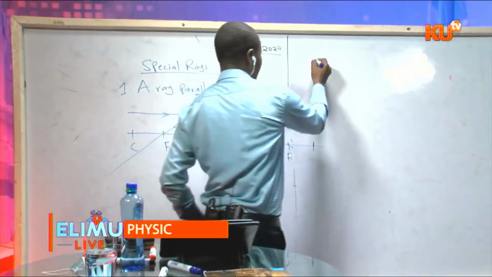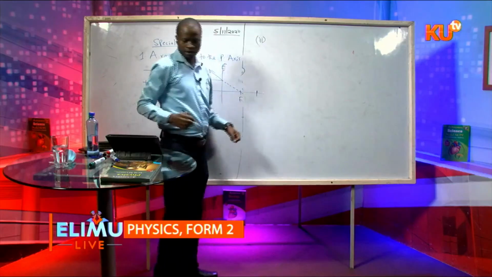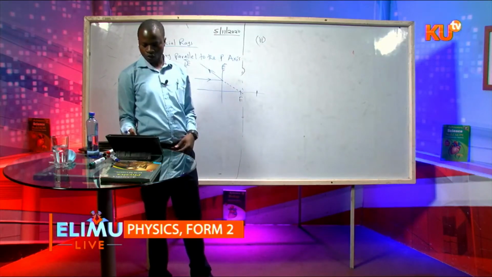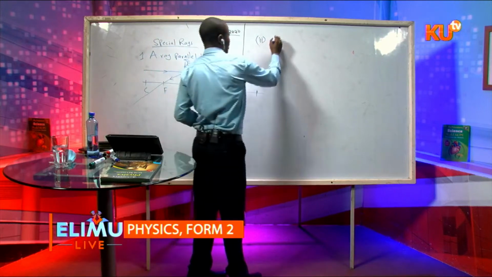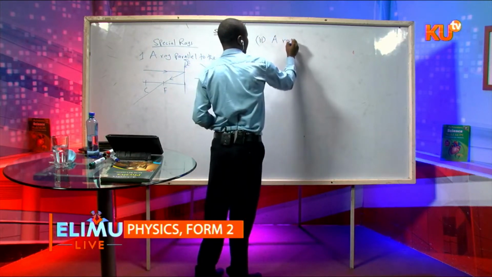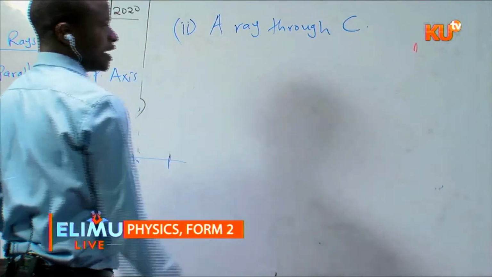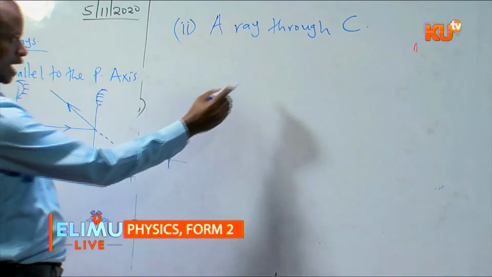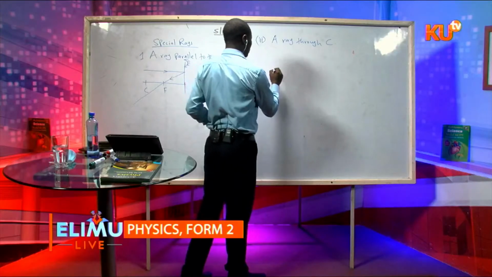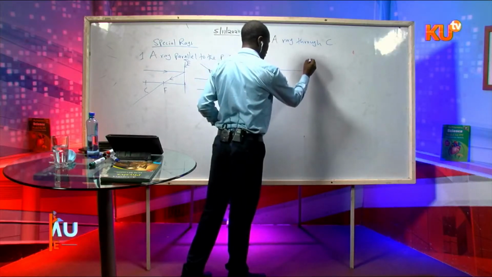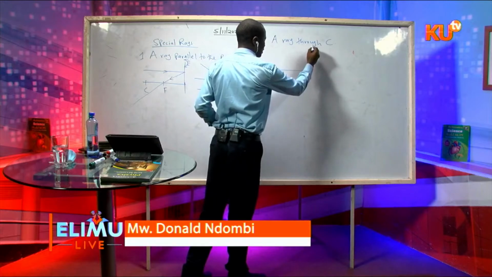Number two, another special type of ray is a ray through the center of curvature of the mirror. A ray through C. Why is this a special ray? A ray through C will always look like this. This is for a concave mirror.